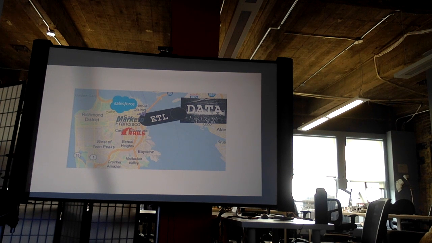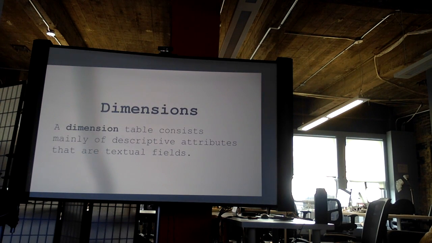It's useful. So basically our stuff is split up into facts and dimensions, so let's figure out what that is. First, dimensions. A dimension table consists mainly of descriptive attributes that are textual fields. A good way to think of this is a dimension is something that exists outside of the business process.